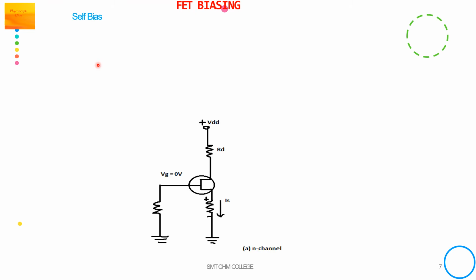Next is the self-bias. Now this kind of biasing is used in the active region, which is also called the constant current region or the saturation region. This is the circuit diagram. Here you will find that only the drain supply is used, no gate supply is there.